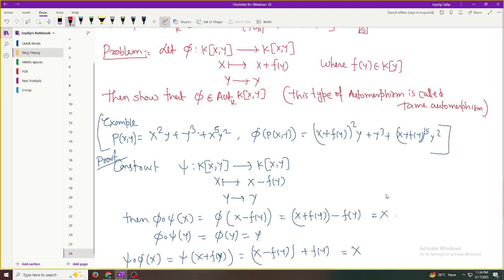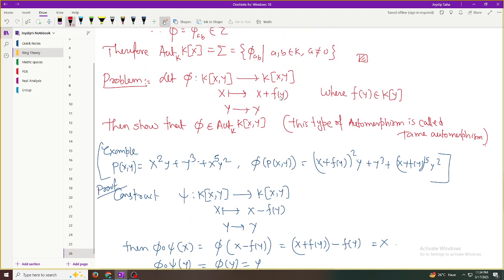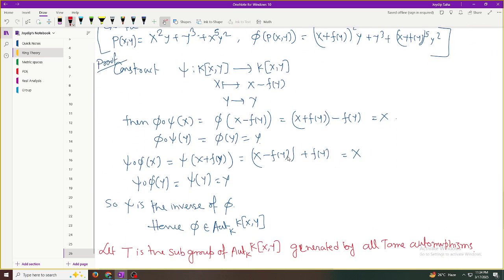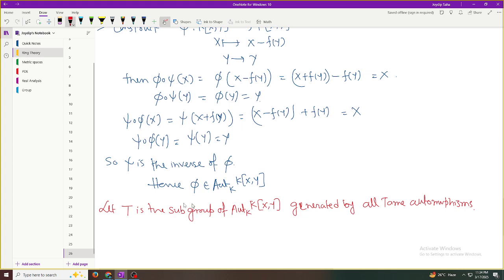Okay, so you can take many plenties of f(y), x goes to x plus f(y), y goes to y, or you can take x goes to x, y goes to y plus f(x). So this type of automorphism, you take all the collection and generate the subgroup. So T is the subgroup of Aut k[x,y] generated by all tame automorphisms.